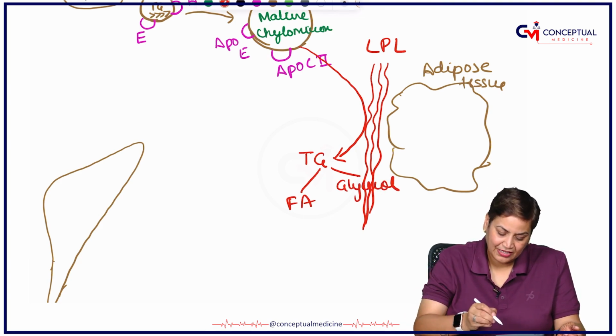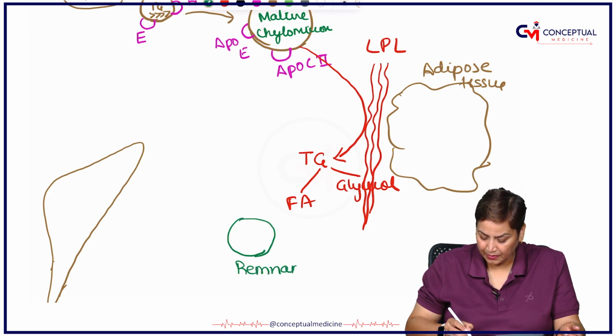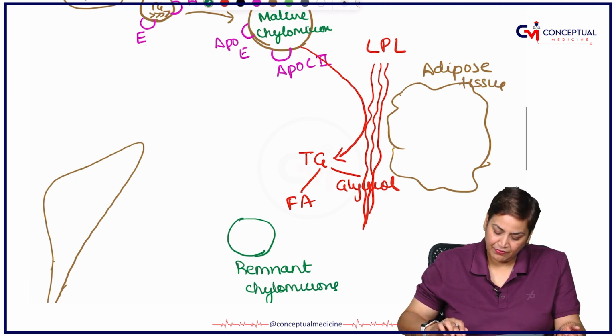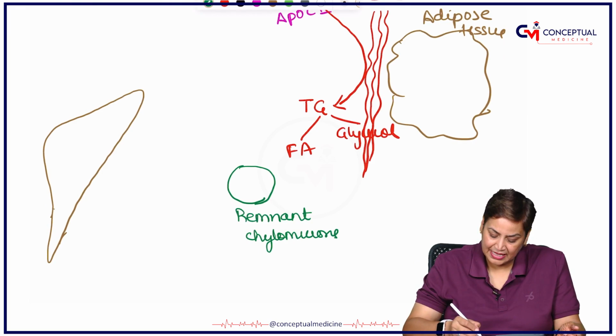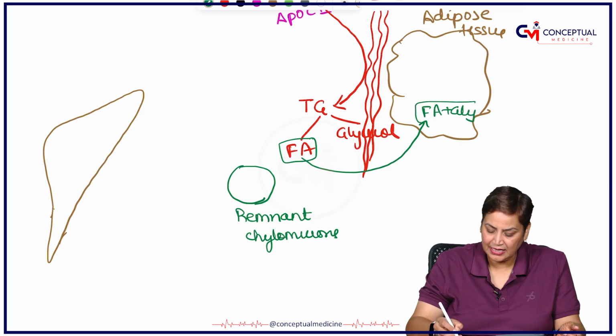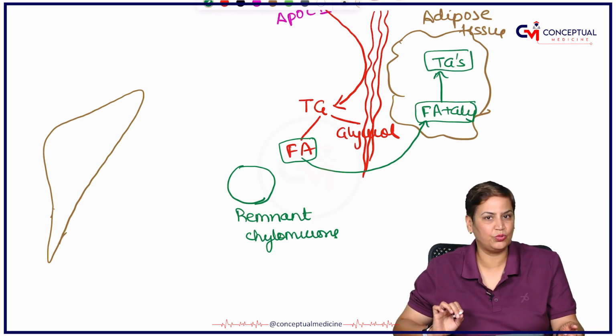And what is left here is the remnant chylomicrons. Right? And if we talk about this, we can say that this fatty acid will combine with glycerol here, and it will be forming TGs, and it will be saved in the adipose tissue.